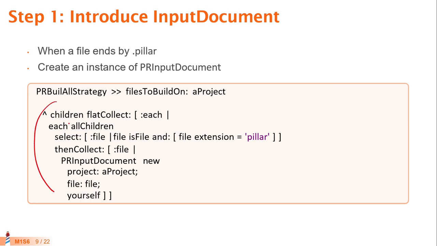It checked all the children, checked if this is a file, and if it has a file extension called pillar, then in that case we introduced a pillar input document. Here we create our first implementation of an input document. Like that, suddenly with this change, we don't manipulate files anymore, but we manipulate input documents.